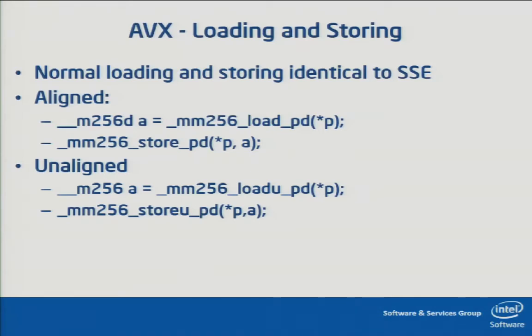What you hand it is just the pointer to the array and the specific position you want to load from. So you want to load from, say, the 10th element. You would say array name, square bracket 10, which will give you the pointer to the 10th element of the array, and from there on it will load 4 doubles. Just straight what is written in the memory at that point.